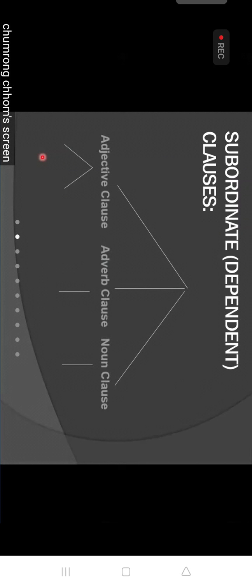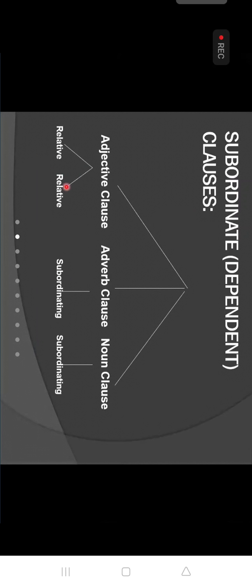And so these are all the clauses that you have to understand. All kinds of adjective, adverb, and noun clauses, they agree with what? Subordinating conjunction. Even in adjective clauses, even in adverb clauses, even in noun clauses, they are the same. You will learn later that in adjective clauses we don't call it subordinating conjunction, we call it relative pronoun and relative adverb.